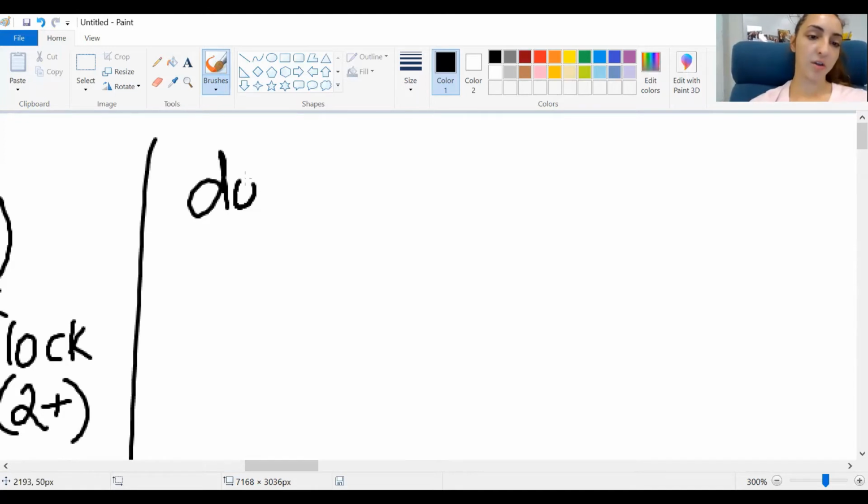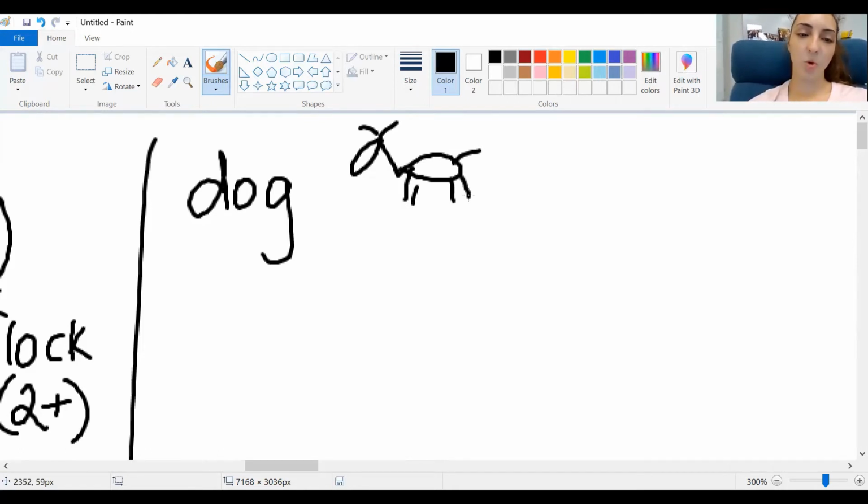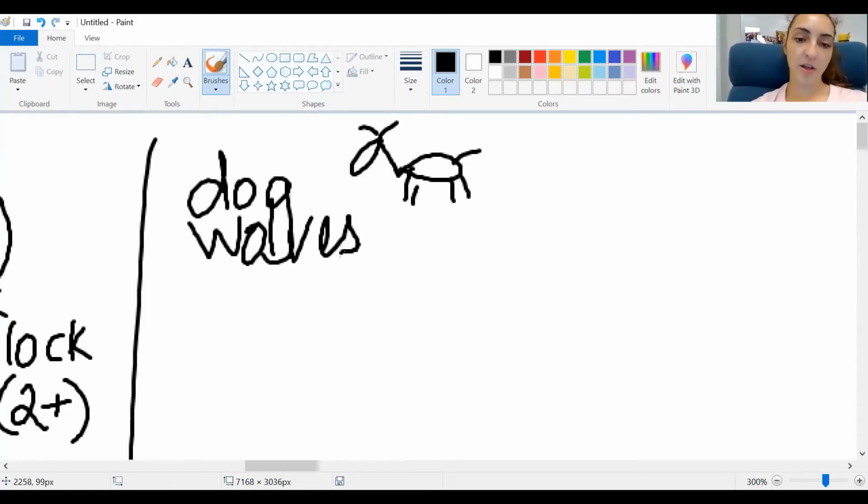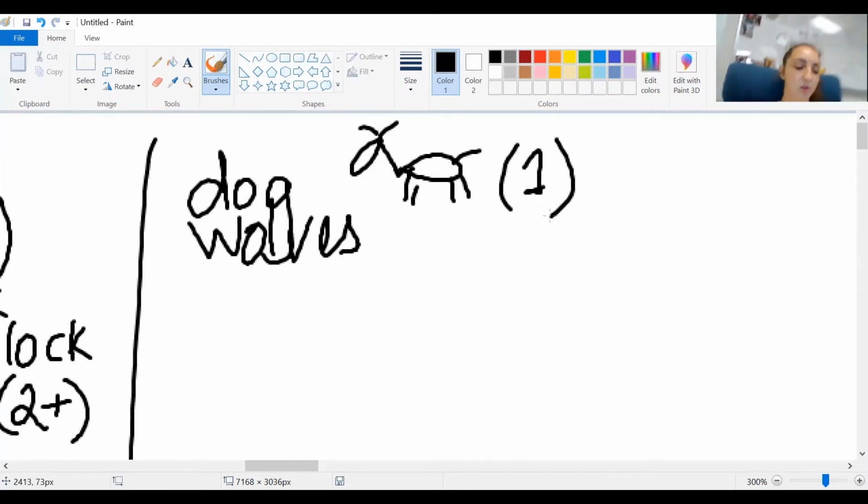If you have a dog, what's a group of dogs together? Or let's say wolves, or, well, it's wolves, dogs, whatever. If you have one, what's a group of dogs working or living or working together?